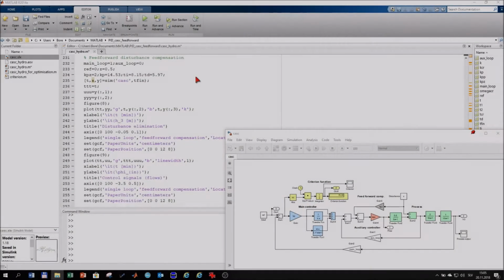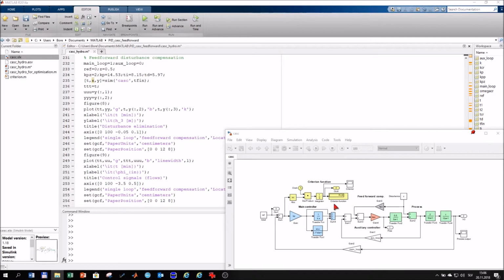In this part, we shall present feed-forward disturbance compensation. Before, we already developed a PID controller for disturbance rejection mode. This is namely the disturbance, and the disturbance influences the controlled variable through this path.